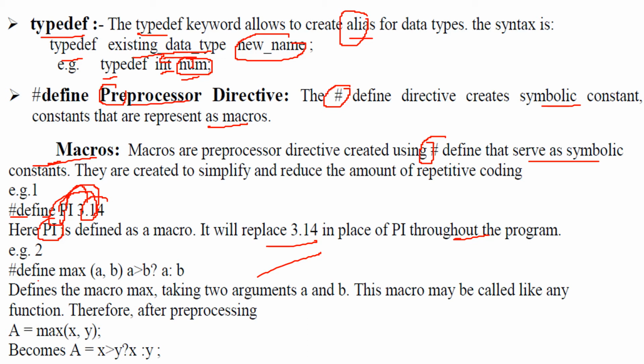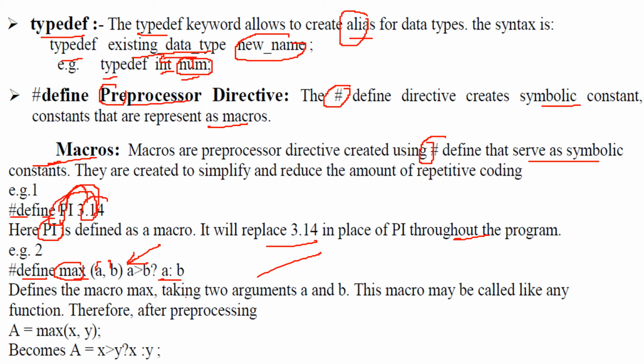Then we also have macros resembling functions. Hash define MAX(a, b) ((a > b) ? a : b). This defines a macro called MAX, which takes two arguments, a and b. This macro may be called like any other function.